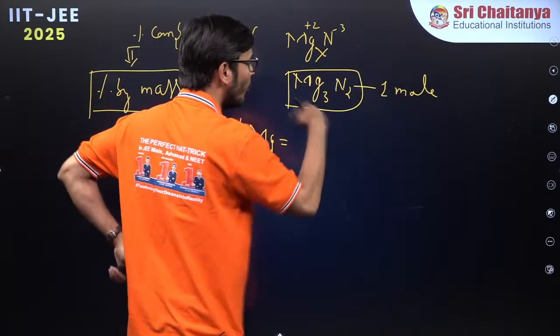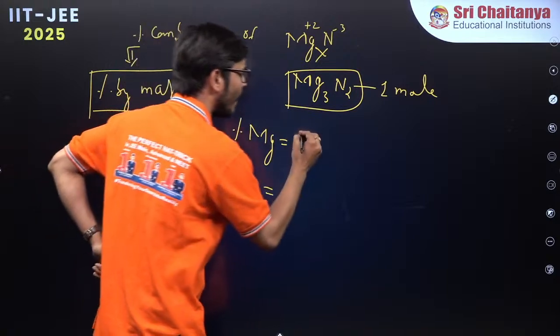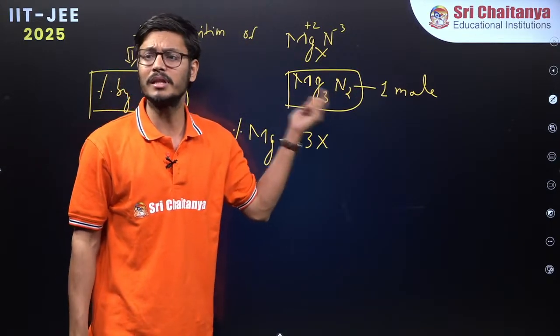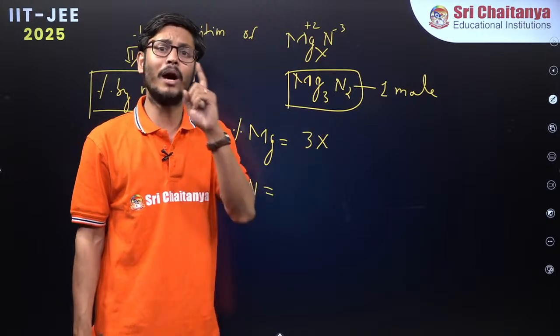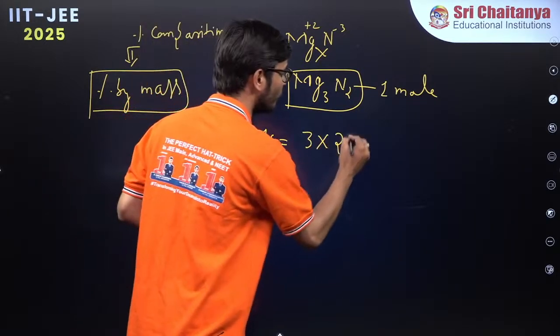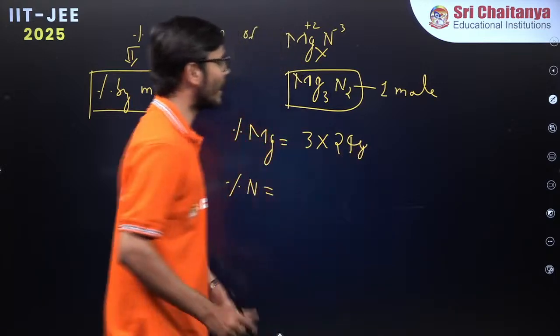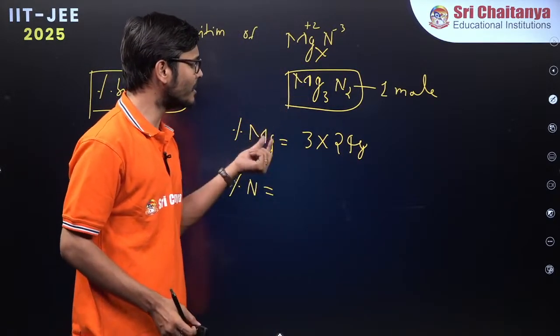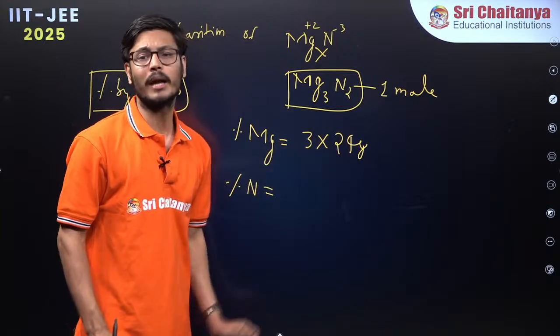In 1 mole of magnesium nitride, I am having 3 moles of magnesium. And the mass of 1 mole of magnesium is how much? 24 grams, right? So how much in this compound is magnesium? Magnesium is 72 grams.